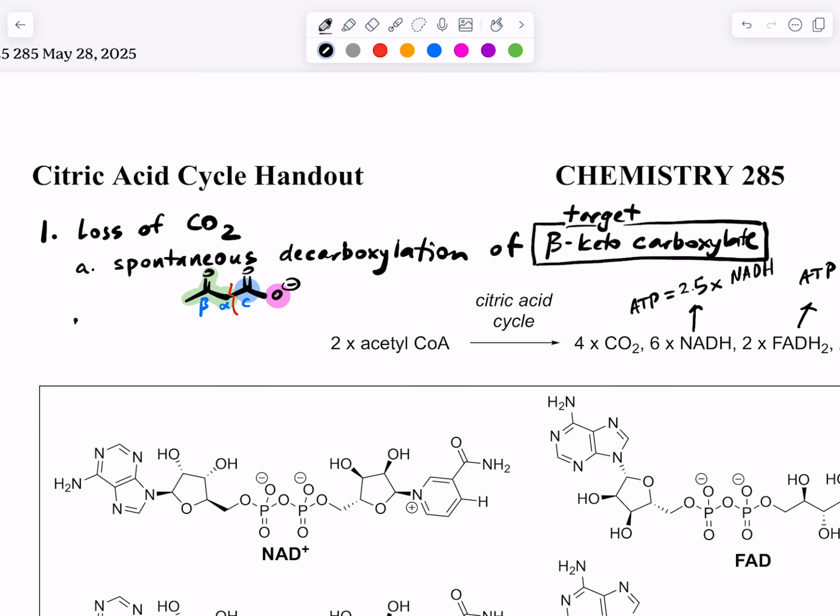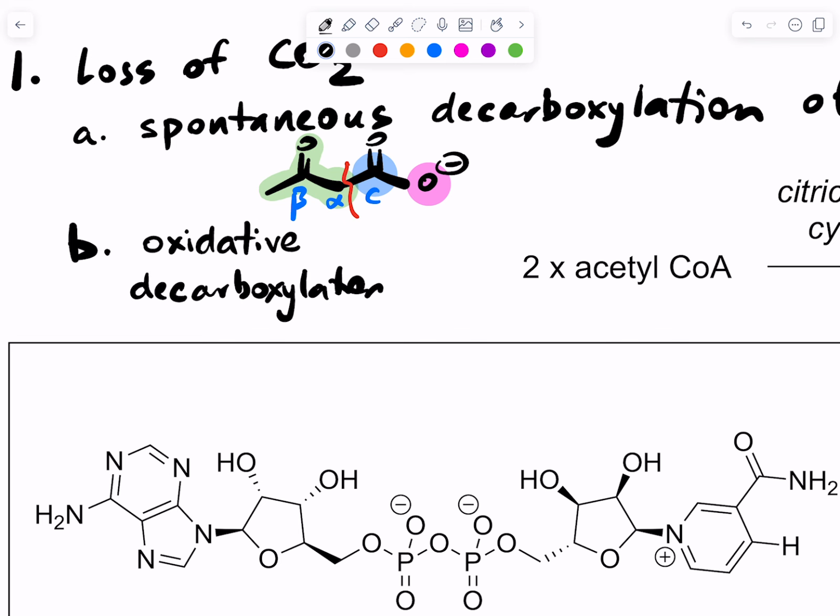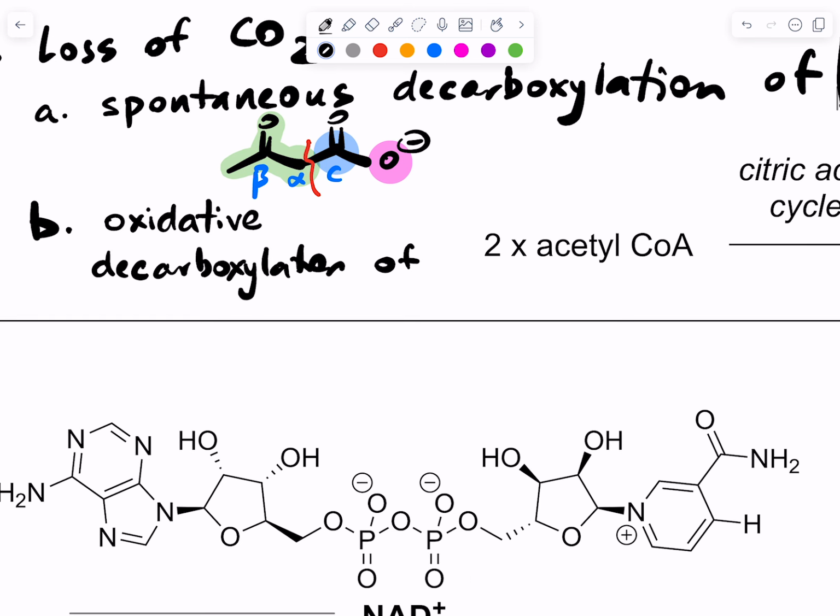The other option we have for loss of CO2 is something similar to what we saw when we decarboxylated pyruvate. We called it oxidative decarboxylation of an alpha keto acid.